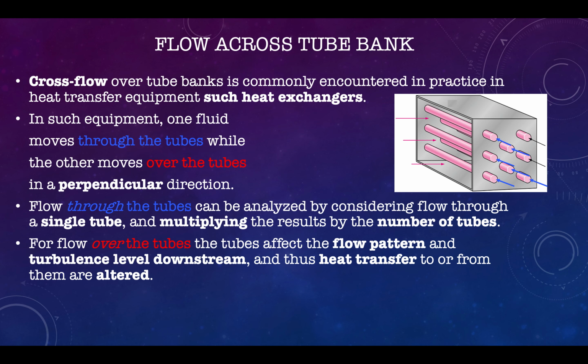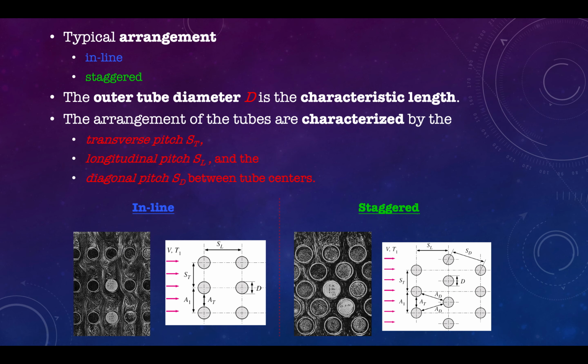Therefore, to analyze it, we calculate for one tube and multiply by the number of tubes inside the heat exchanger. For flow over the tubes, the tubes affect the flow patterns and turbulence level downstream, and thus heat transfer to or from them is altered.